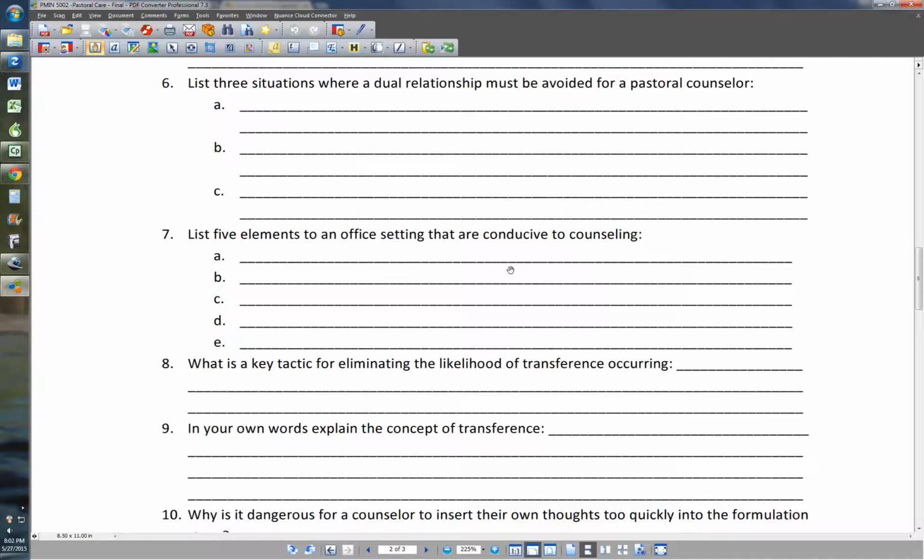You may not want them emerging out into like the main traffic of the office. You want to have somebody close if you needed them, right? You don't want to be just totally there by yourself. You want to have maybe a staff person within about 20 feet of your office that you could get to if you had to. Those types of things, right? You can add other ones if you need to.